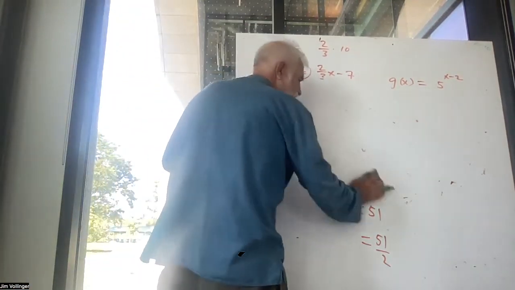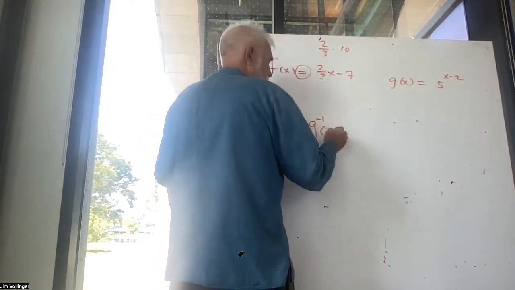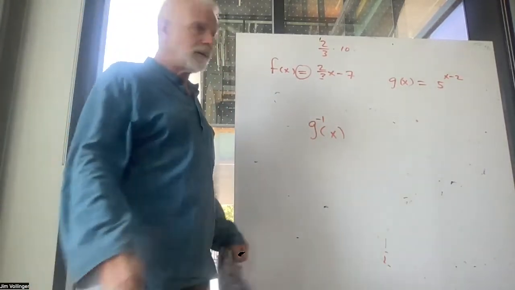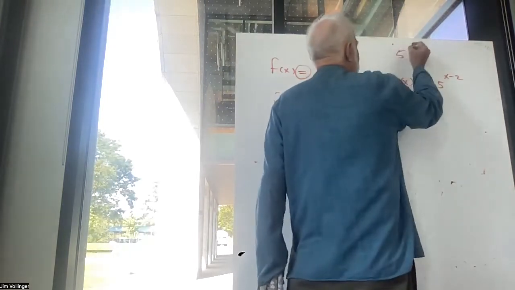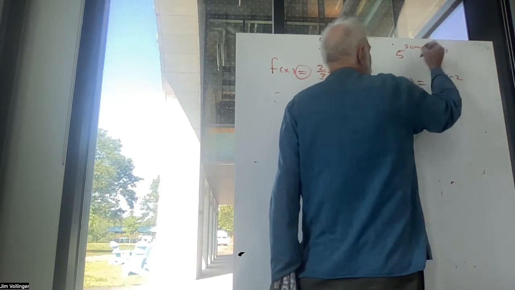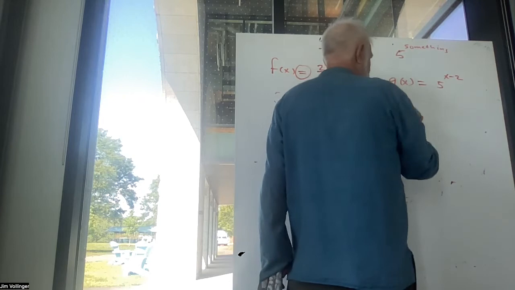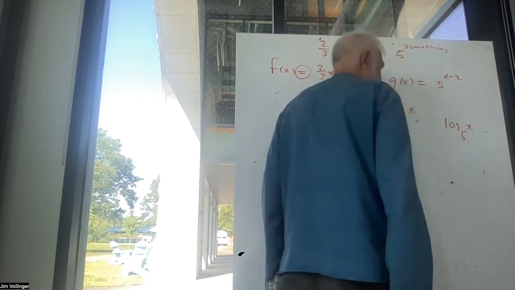Let's find the inverse of g. Again, I don't think this is one that you're going to have much success with yet, but I'm going to keep saying it. The basic calculation over here is 5 to the something. What's the inverse of 5 to the something? The inverse of 5 to the x happens to be log base 5 of x.